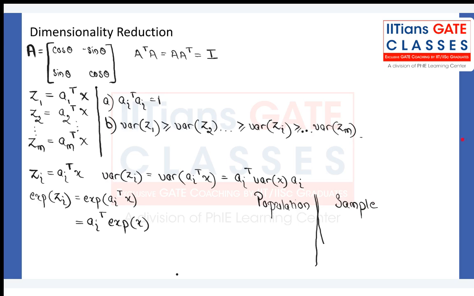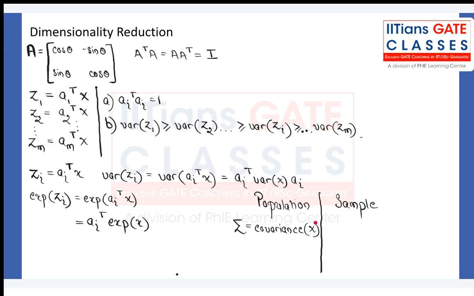Right? So let's say you know the population variables. That one is called sigma, right? The variance. It's also called the covariance matrix of X. So it's sigma, so it's population.